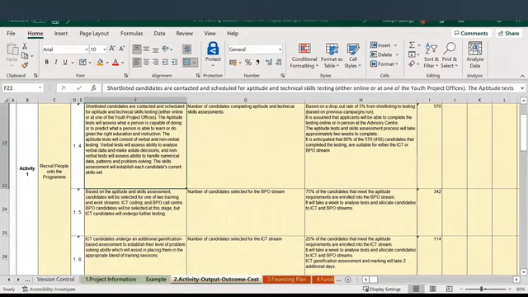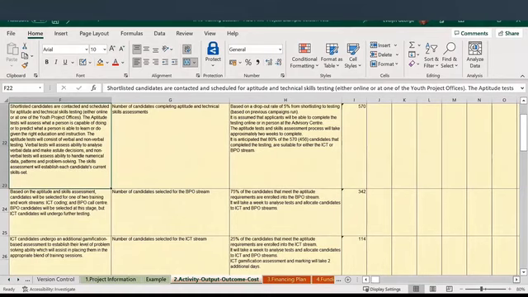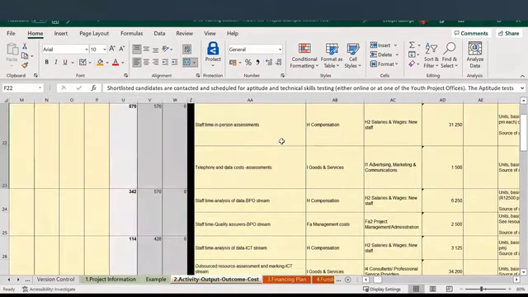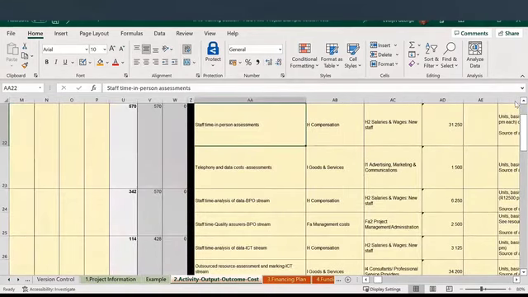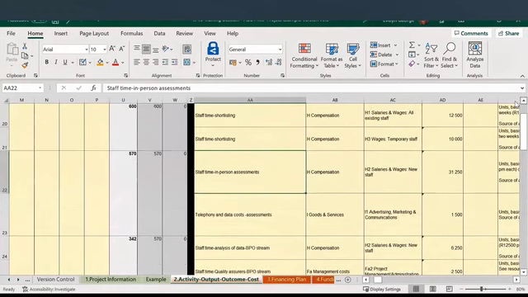And then there are other further assumptions that also inform how we do costing. So if we go across, we said we've costed for staff time for the in-person assessment. We've also costed for telephony and data costs because some of it will be done online. We'll have to make appointments with the candidates, cancel, etc., etc.